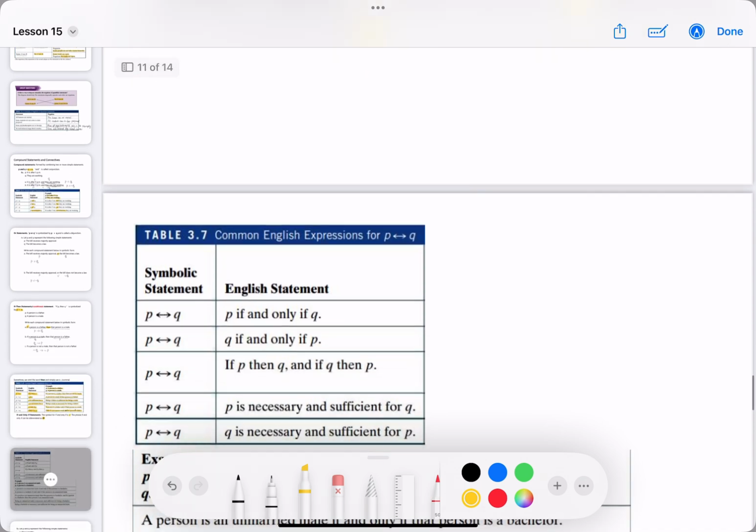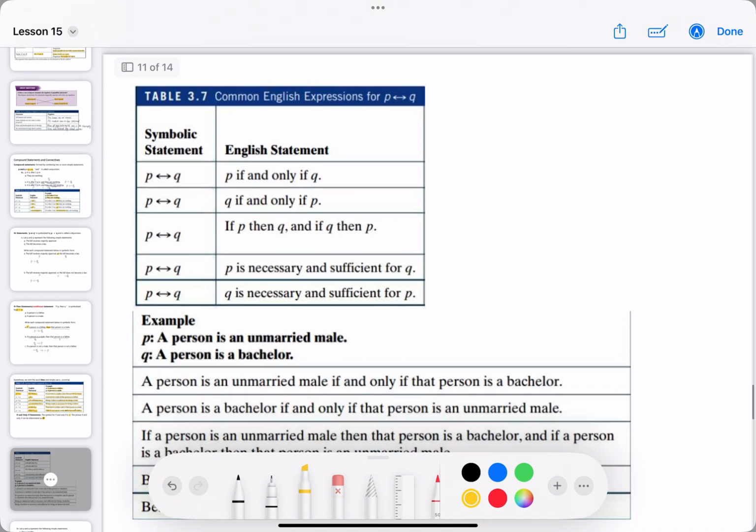If I have P if and only if Q, the English statement is P if and only if Q. I can also say Q if and only if P. So the position of P and Q doesn't matter.